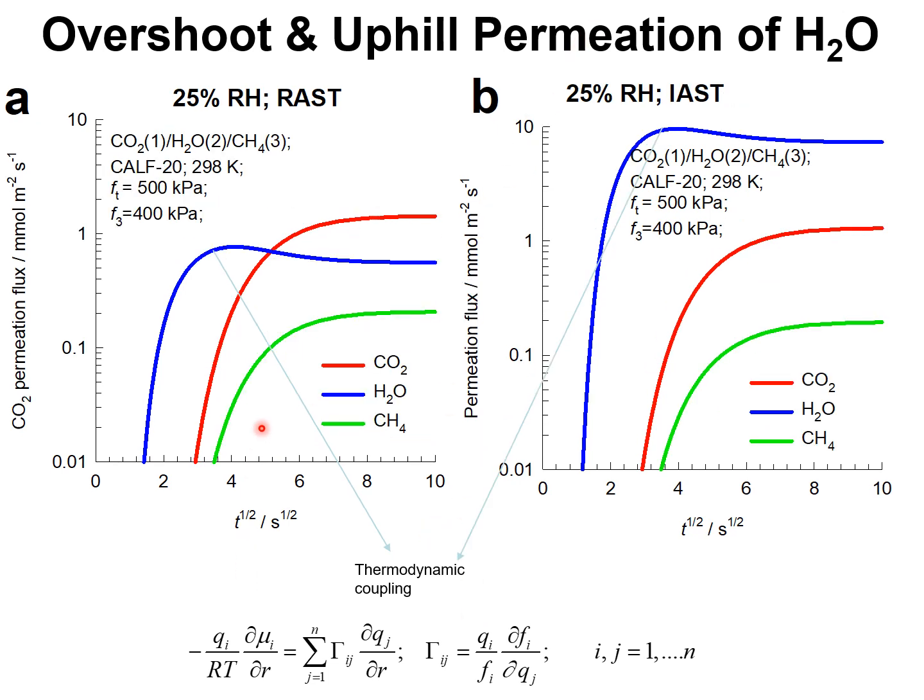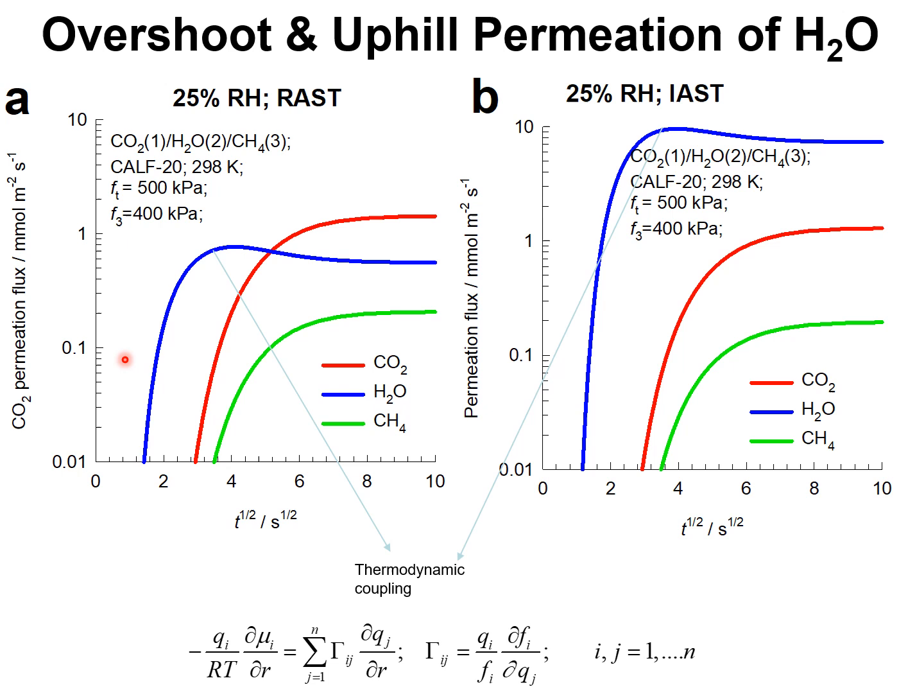Also examine the feasibility of CO2 capture from humid natural gas. Here are the simulation results for permeation of CO2, water, and methane across the CAF20 membrane, in which the total fugacity in the upstream compartment is 500 kilopascal, and the partial fugacity of methane in the upstream compartment is 400 kilopascal.